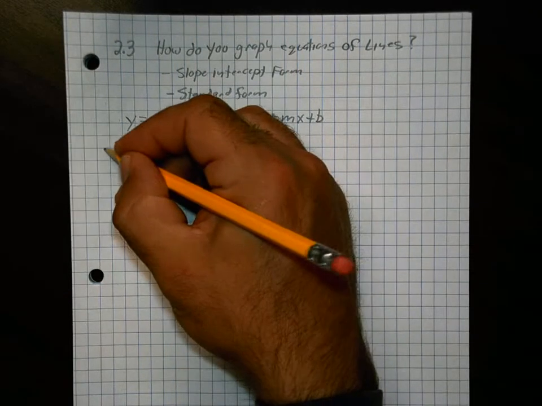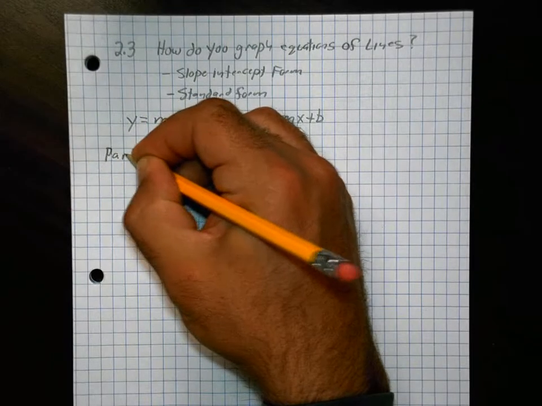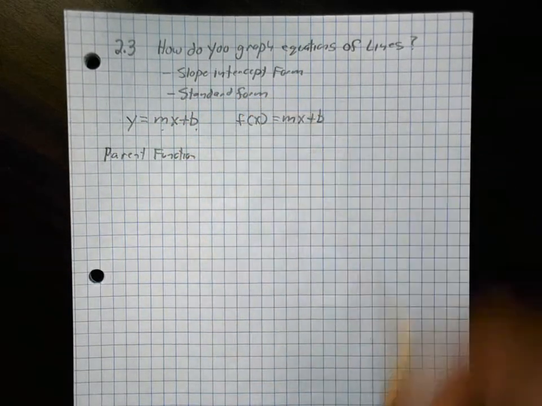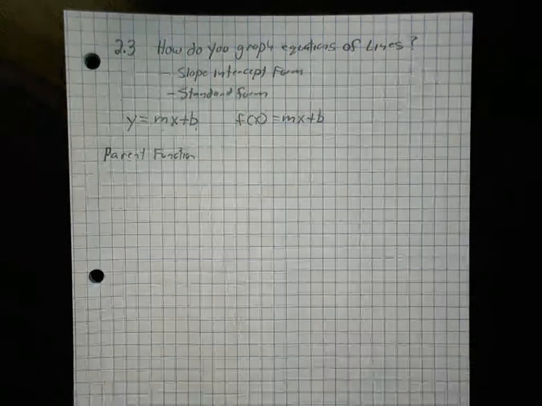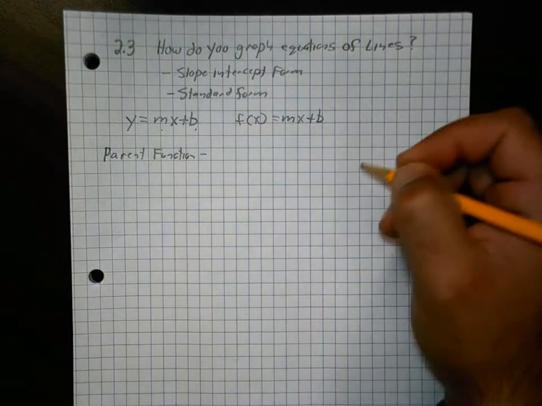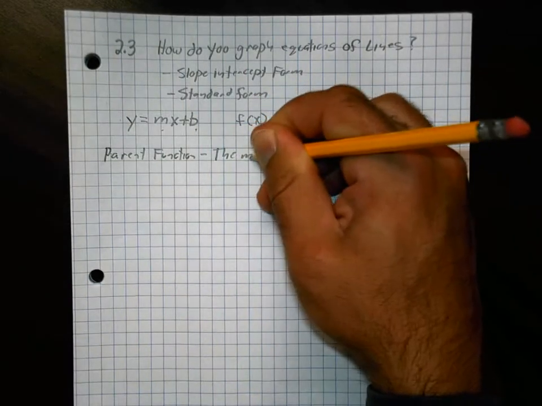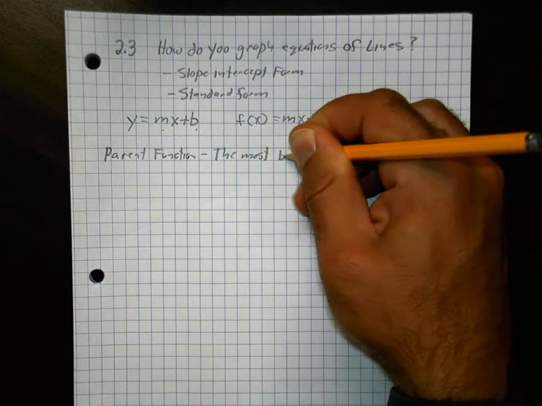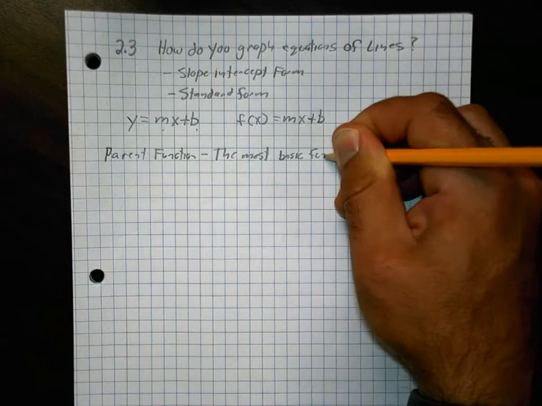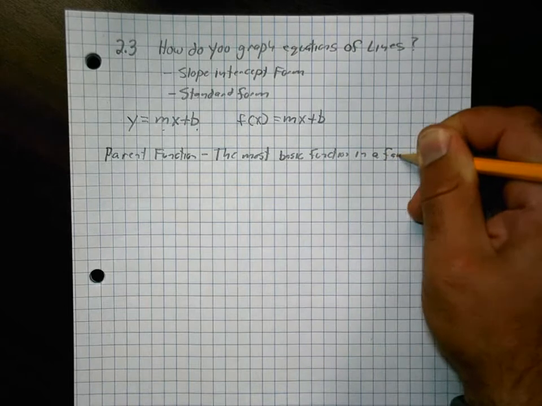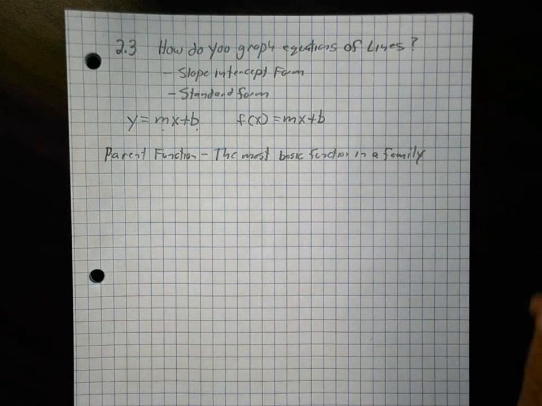Let's first talk about the term parent function. That's a term you'll hear throughout the school year. The definition of that is it's the most basic function in a family of functions.